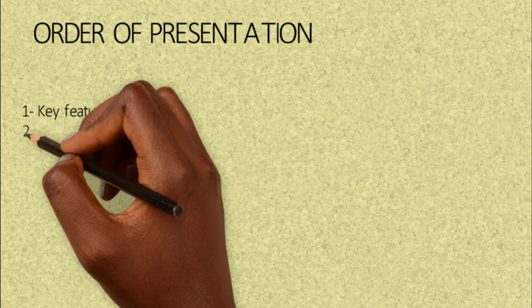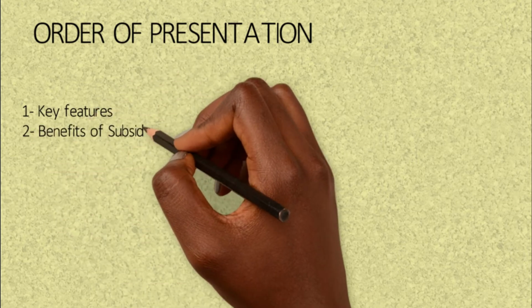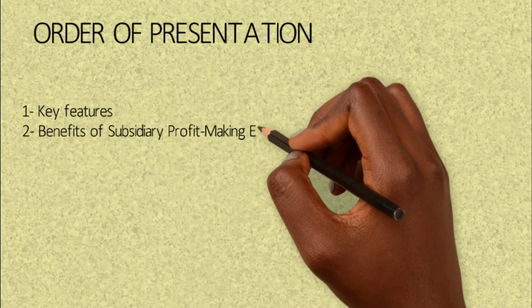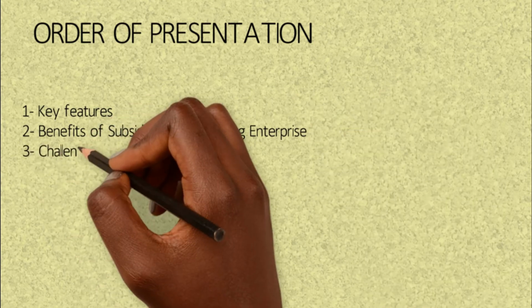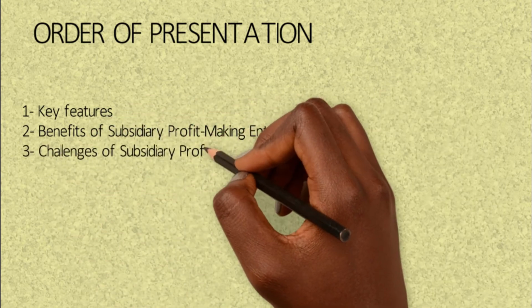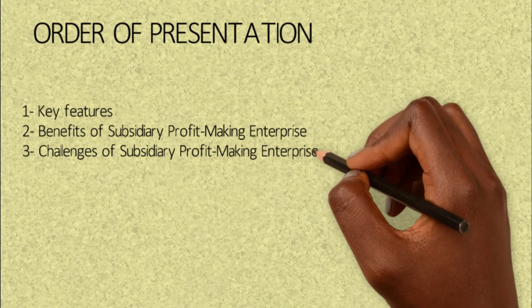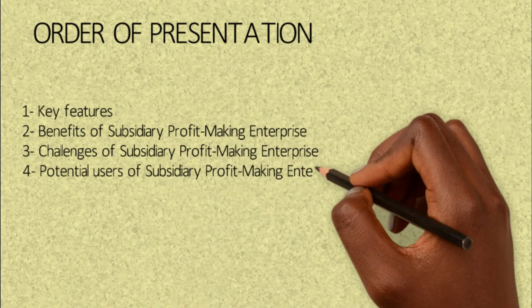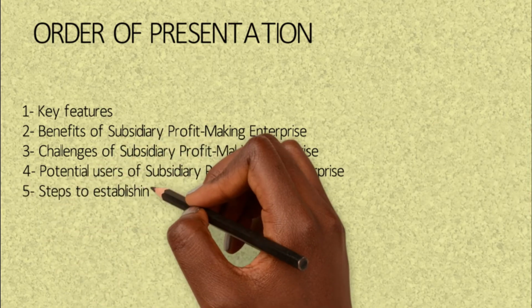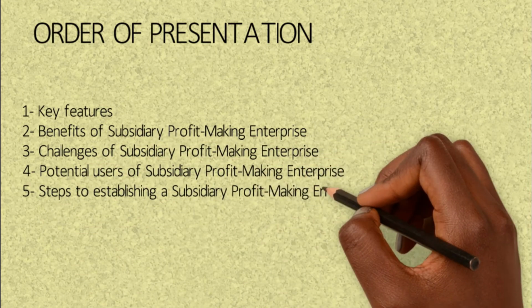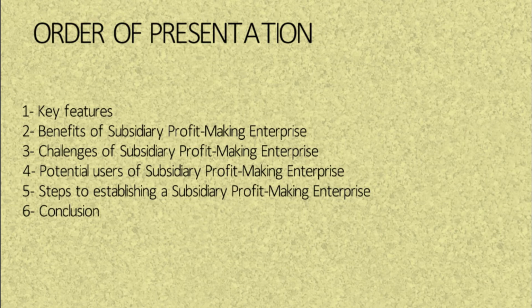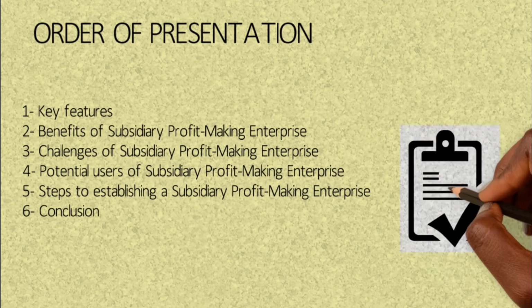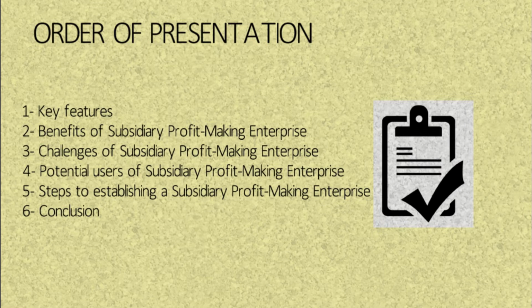In the course of this presentation, we will be looking at the key features of the subsidiary profit-making business, the benefits of this model, potential users of the subsidiary profit-making enterprise, the challenges of subsidiary profit-making enterprises, and the steps to establishing a subsidiary profit-making enterprise.